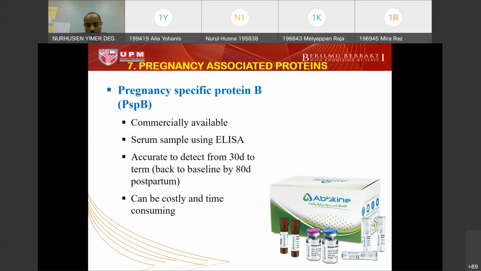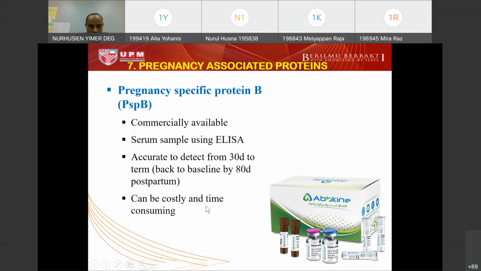So this is one of the drawbacks with this test, because postpartum cows, we expect them to be bred by day 60, right? So by then, around day 80, we expect the progesterone level to be high. At that time, we also expect this pregnancy-specific protein B to be high, but it's going to be a false positive test if the cow is not pregnant during this time.